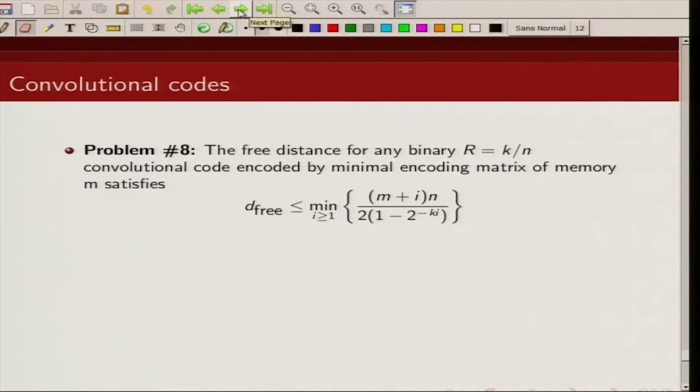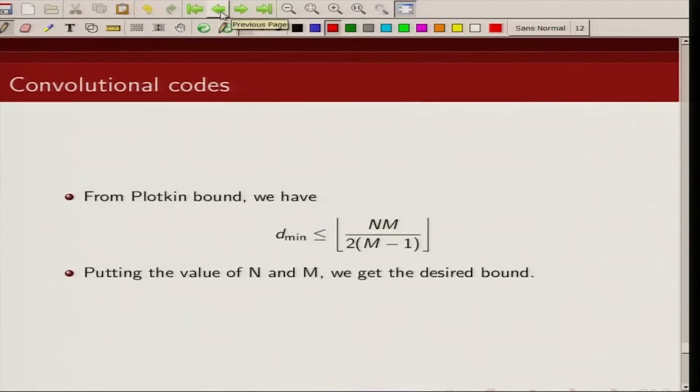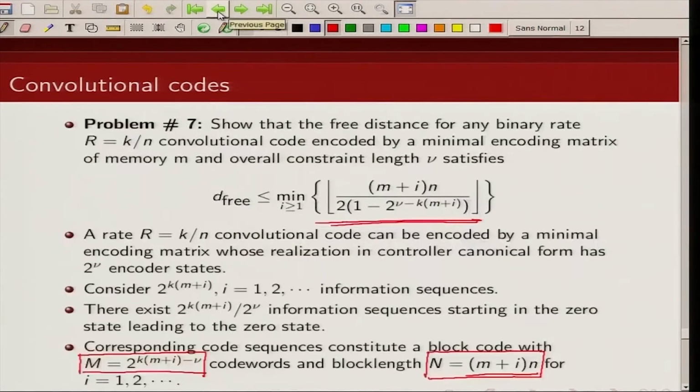So, the next problem that we will solve is to show that the free distance of a rate k by n convolutional code is upper bounded by this. Now, this result can be obtained from the bound that we have derived earlier, this bound. Okay.